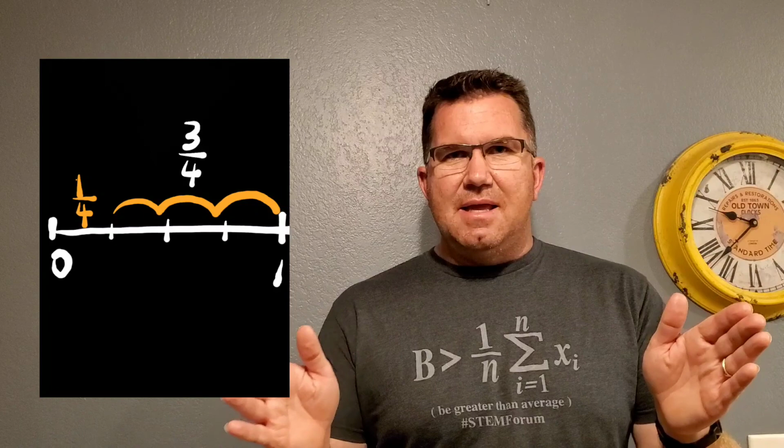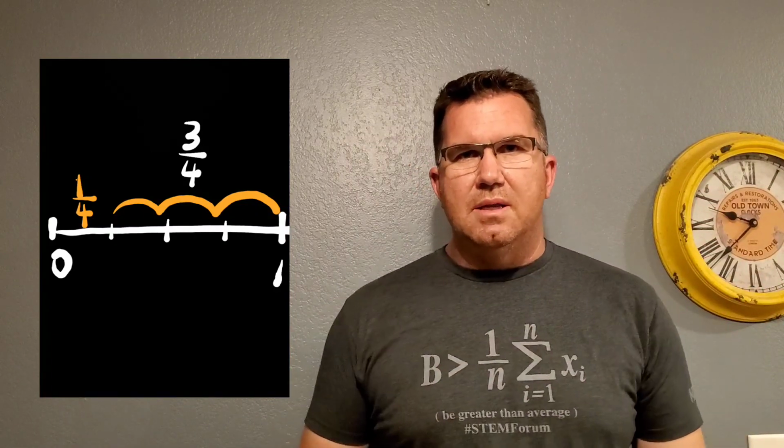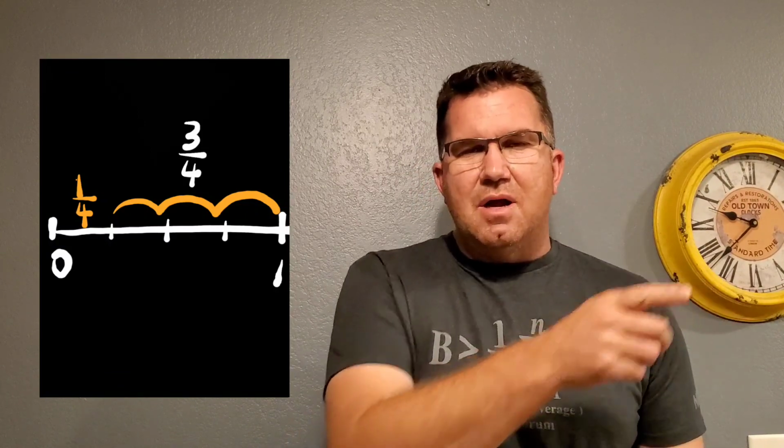And we should see then that there are still 3/4 to go before we get to 1. So if we're at 1/4, we can make another hop, and another hop, and we end up at 4/4. Being able to draw a picture and visualize what's going on helps develop good fraction sense.